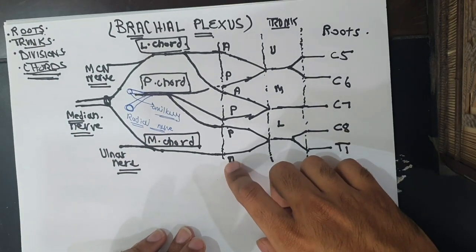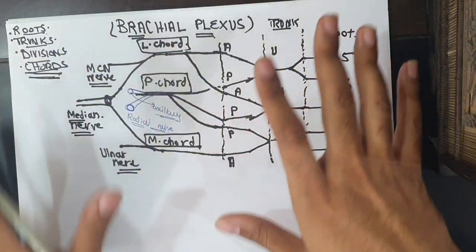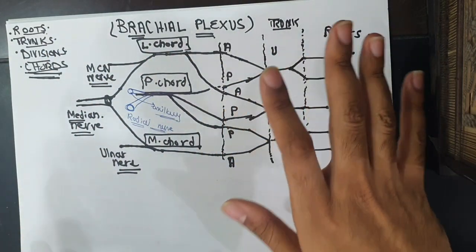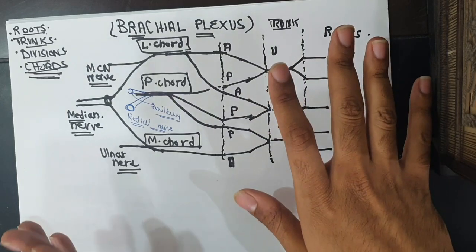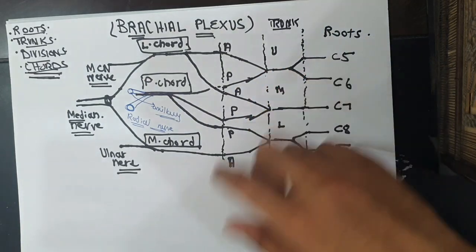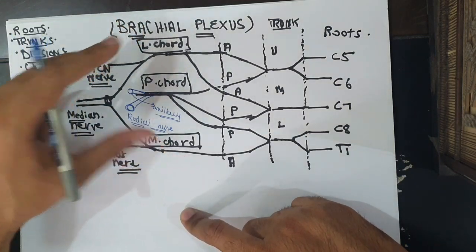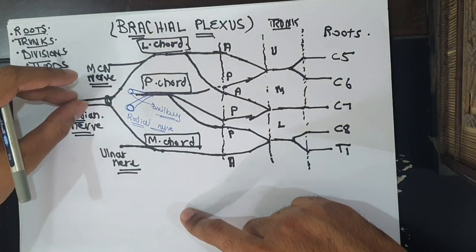And just pause for a second here and go through all this infrastructure and the thing I've drawn here, and try to memorize this so that you're able to continue to draw this yourselves. Alright, the lateral cord and the medial cord combine to give us the median nerve.